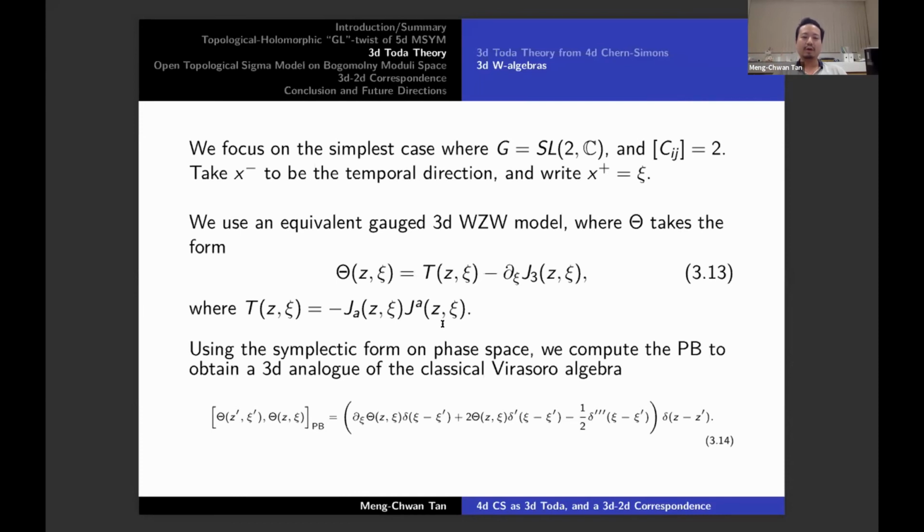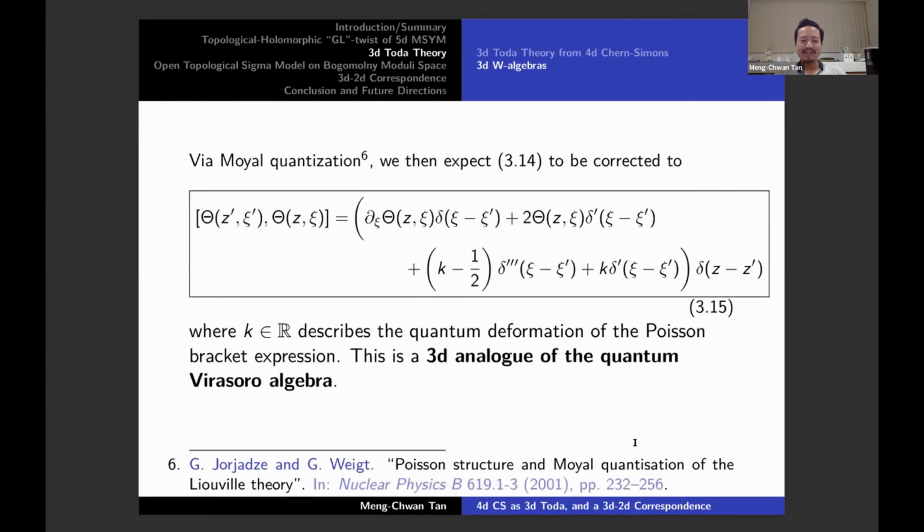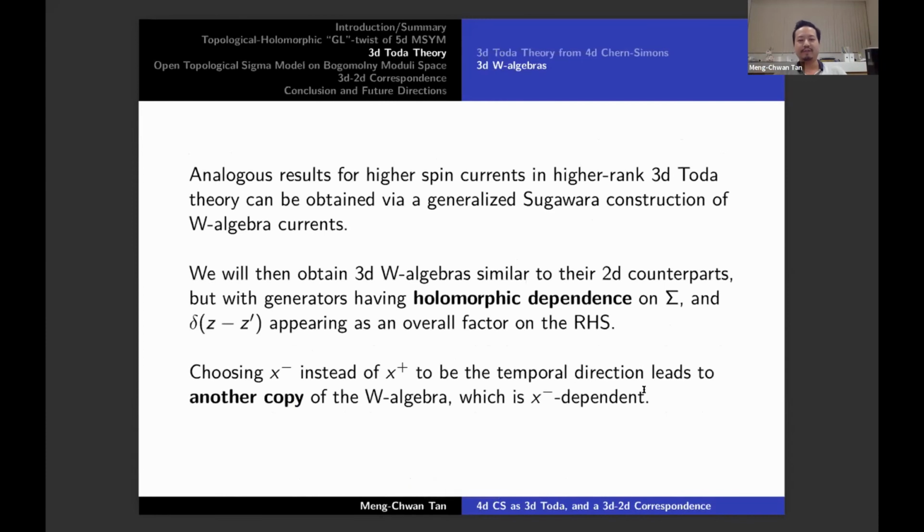Then we can derive the symplectic form on the phase space of this model and compute the Poisson brackets, the commutators between the stress tensors. And you quantize it using Moyal quantization as is shown here, and then you can get this structure here. And so this is a 3D analog of the quantum Virasoro algebra. We can do this for higher spins by adding more J's into it using the Sugawara construction.